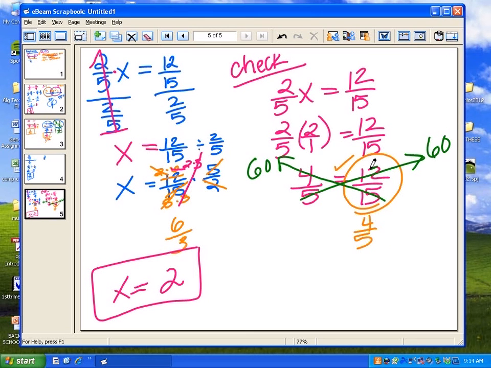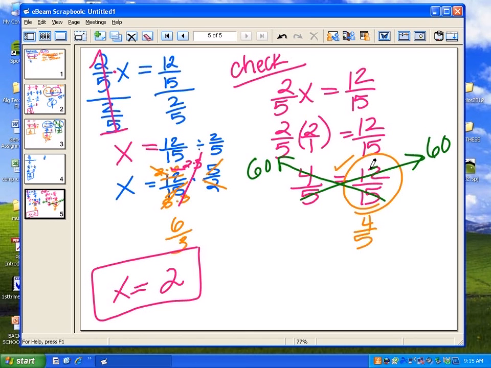What are fractions? Someone tell me what fractions really means. What do you think, Aaron? They're division problems. So if I divide 4 divided by 5, what do I get? Come on. He's not the only one that knows how to do division.